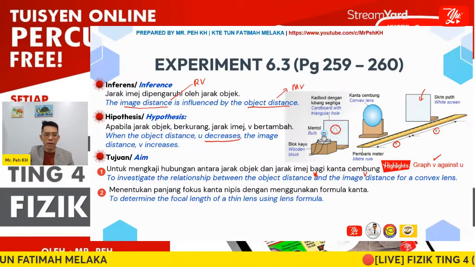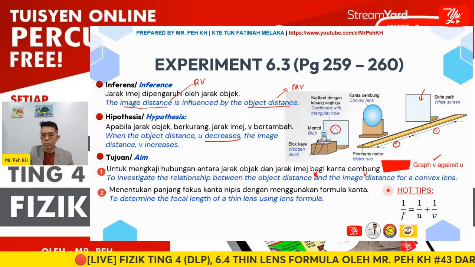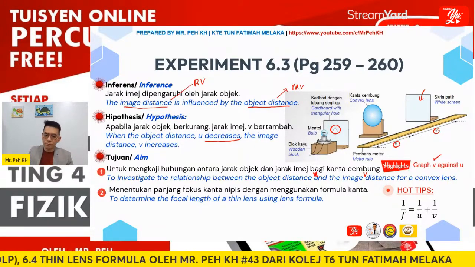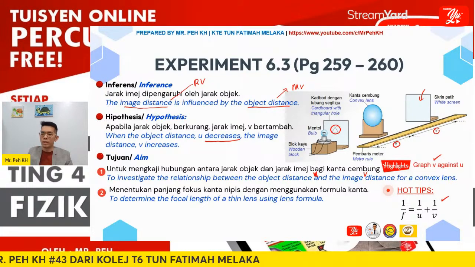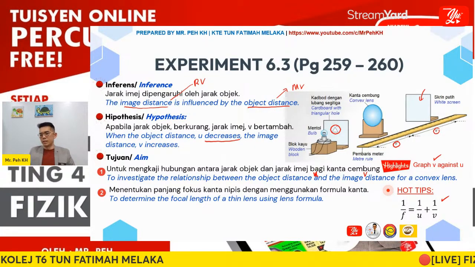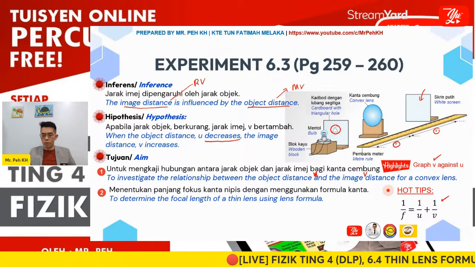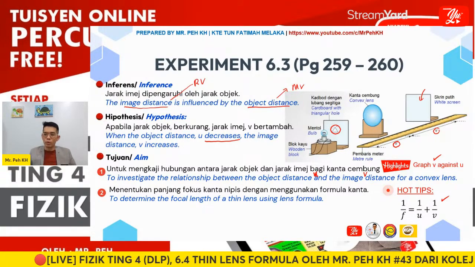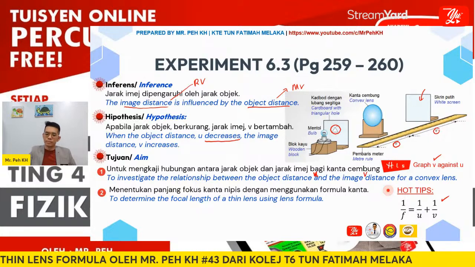Then the second aim is to determine the focal length of the thin lens using the lens formula. It is 1 over f equals 1 over u plus 1 over v. This is the lens formula, and you plot the graph of 1 over v against 1 over u. From the graph, you can determine the focal length, similar to the discussion in your textbook.